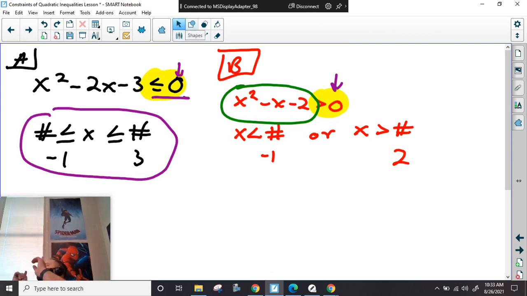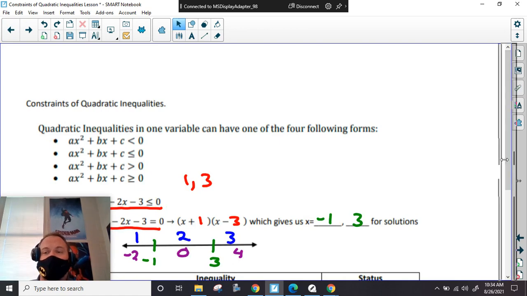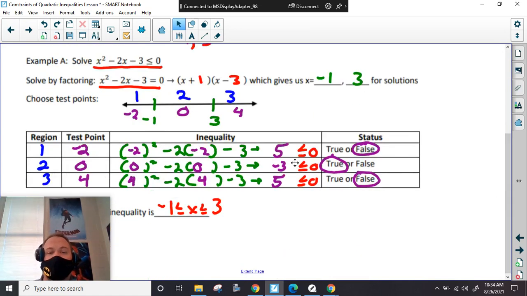Where did we get true things? In the middle. So think about it. In A, we got a true statement in the middle. Where is the variable? In the middle.